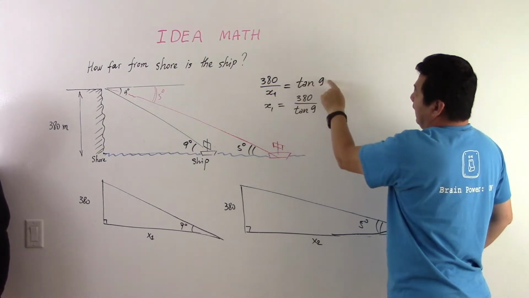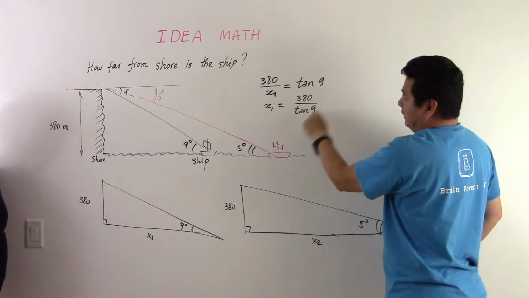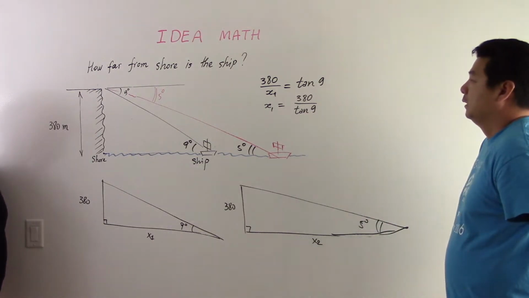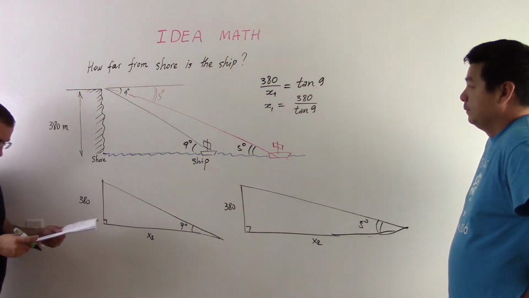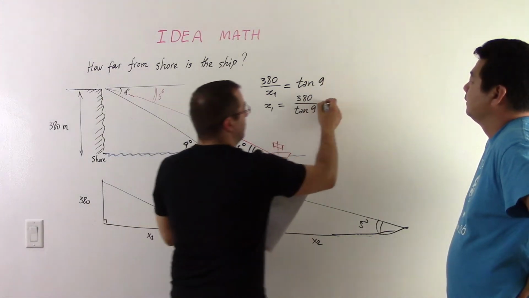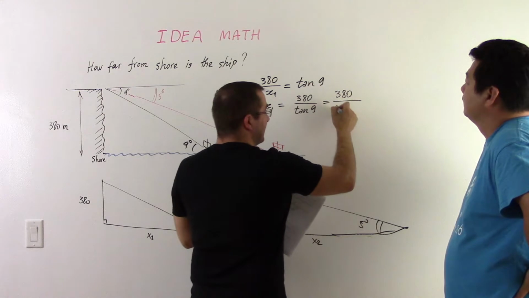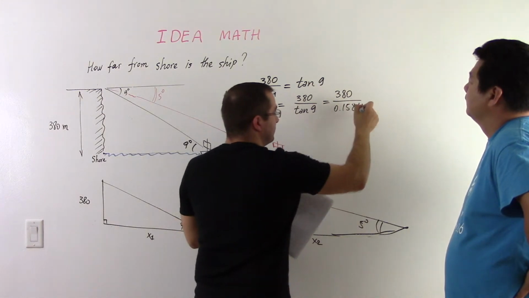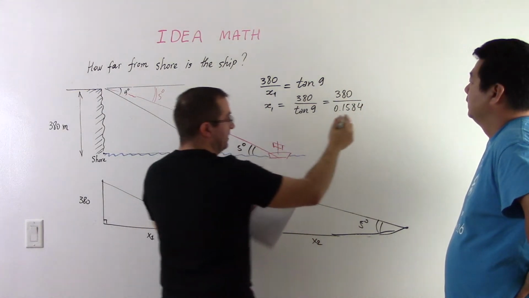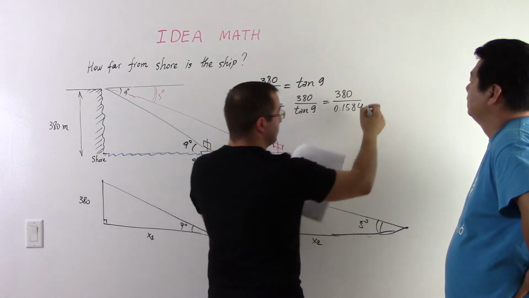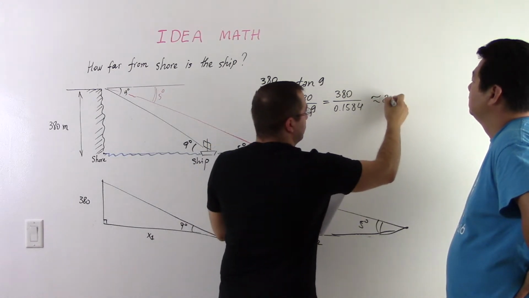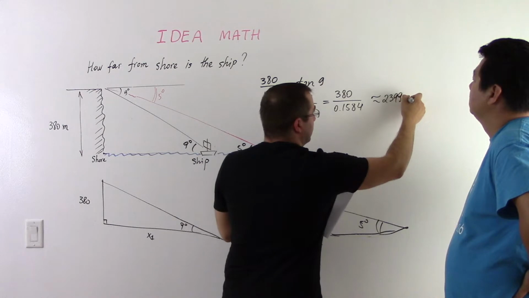This number is kind of like 0.something, right? So we put it here, and then we can compute it. And tangent 9, you will learn how to compute it in the next section, but for now, let's say what that value approximately is. So our distance is approximately 2399 meters.